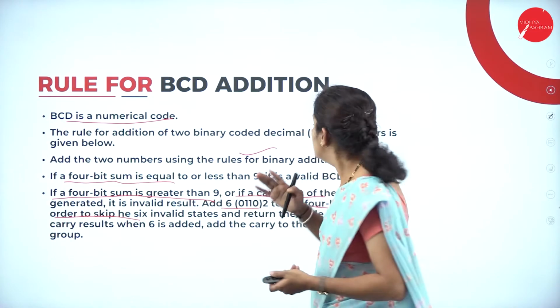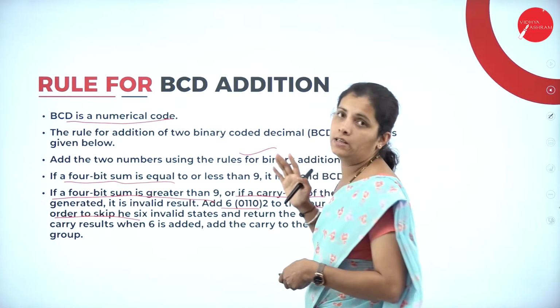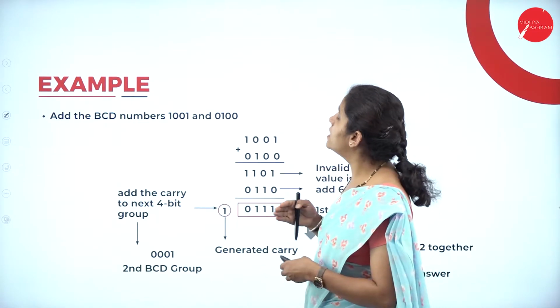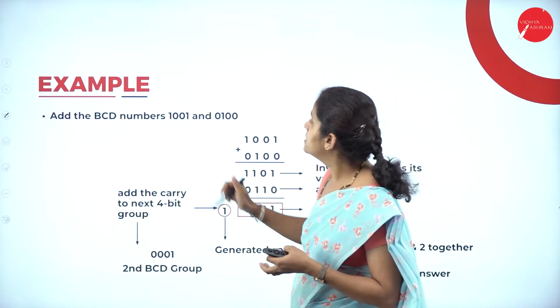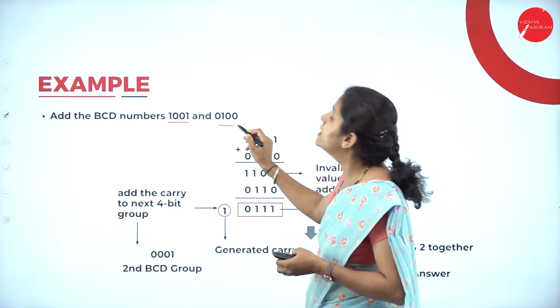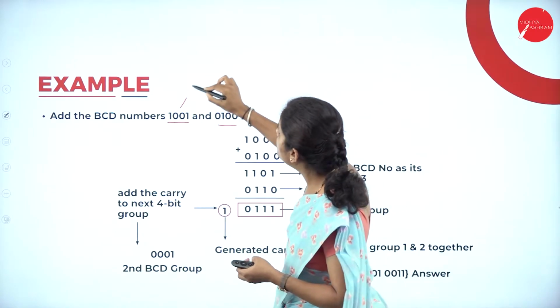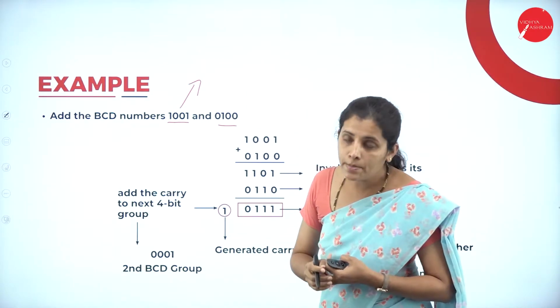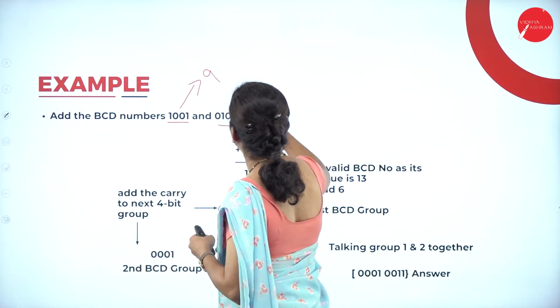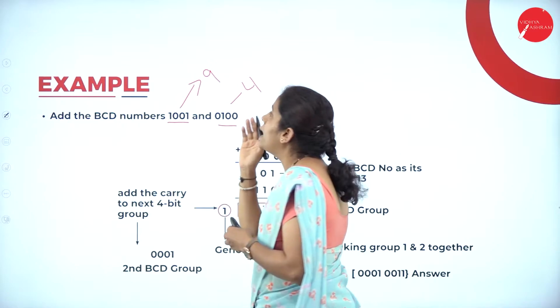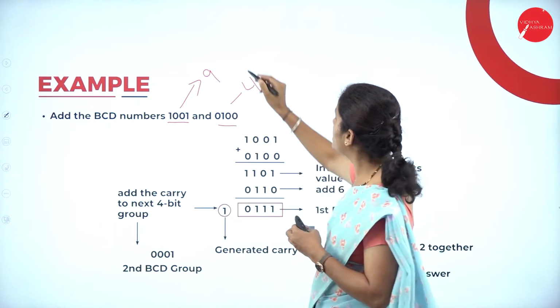Now add 6 to the 4-bit sum. Consider the example. I want to add two BCD numbers. These are the binary numbers. First, I'm going to write the decimal equivalent for these numbers. It is 9 and it is 4. After adding 9 plus 4, what is the answer?